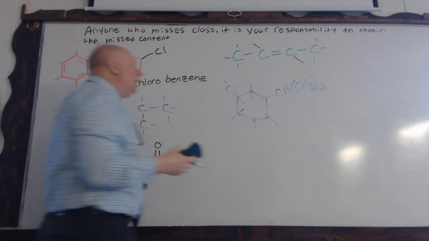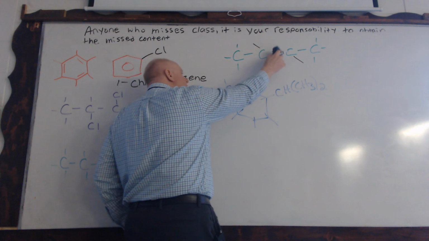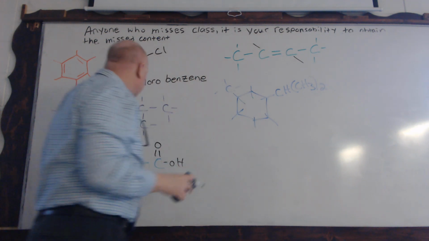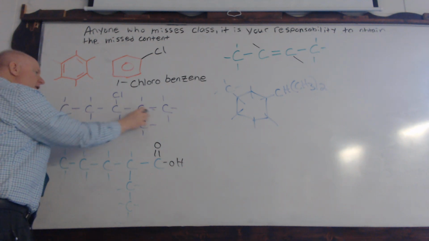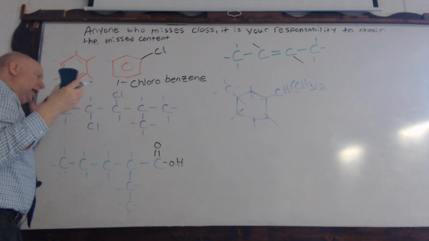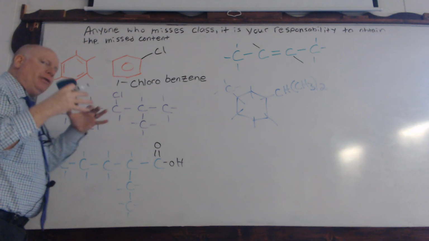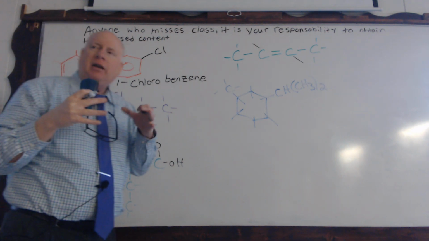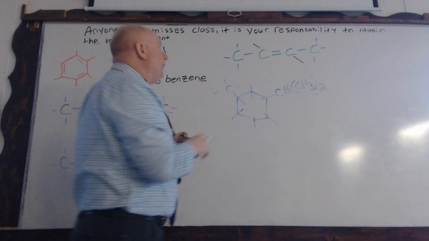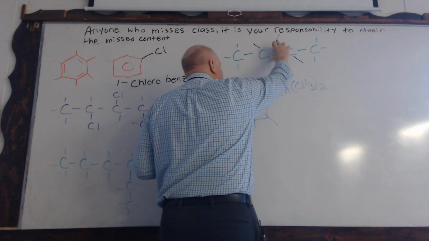These pi bonds, which is what they're really called, can break really easily. When you have these single bonds, there are different types of forces that hold those electrons in there. That's what makes it so much more difficult to react. But these are very, very weak.